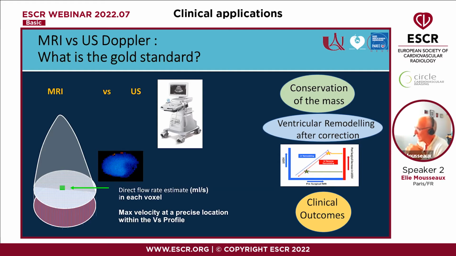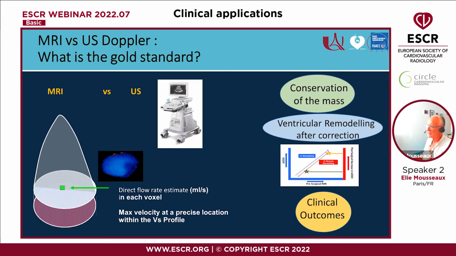Also, for comparing the two techniques, it is now well described in different papers, because different methodologies have been used. Of course, we can compare step by step the two technologies for estimating the mean or the maximal velocity, as I said. But you can also use what I call the conservation of the mass, and I will give you an example in a few minutes.